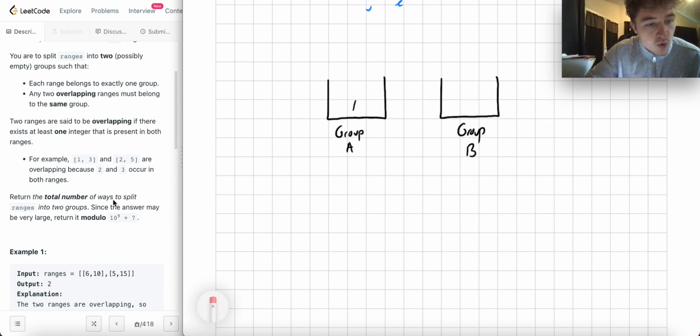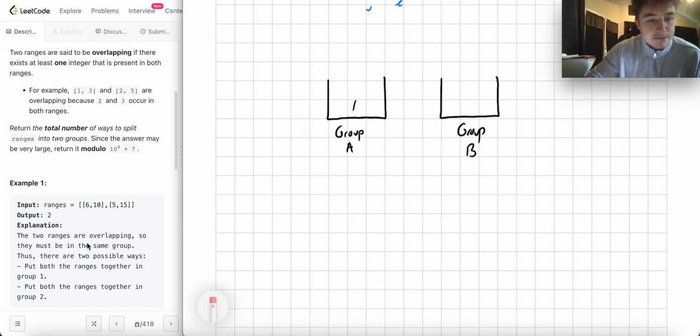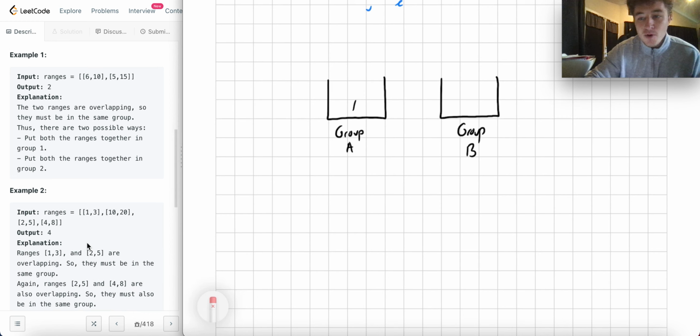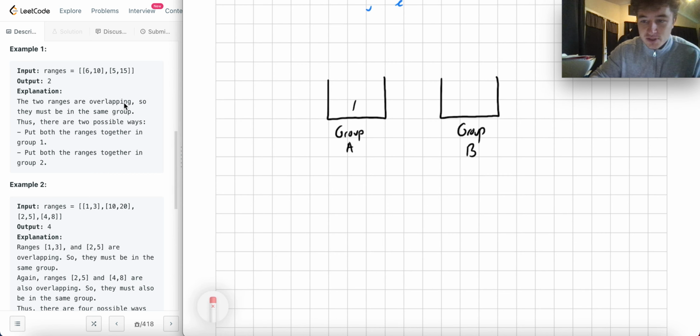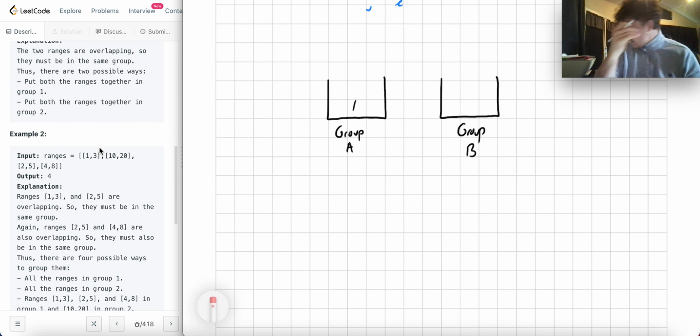Okay, so let's first just do an example, and then we'll think through how we can solve this inefficiently and efficiently. This first example is a little too simple. So let's look at this example.